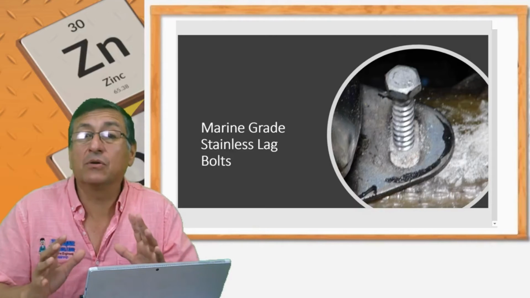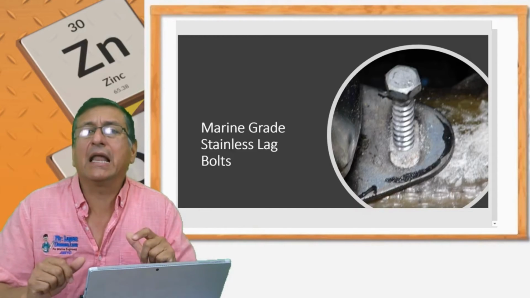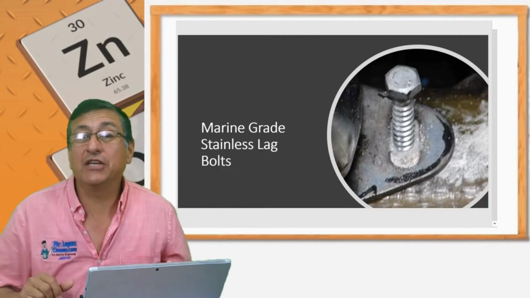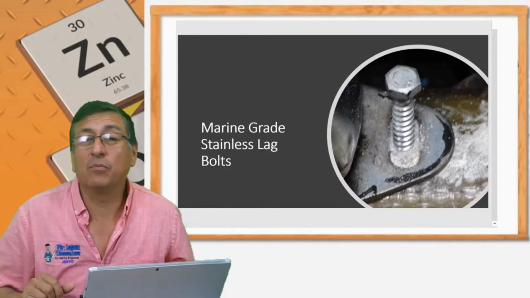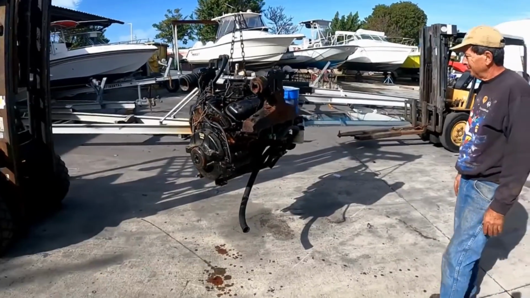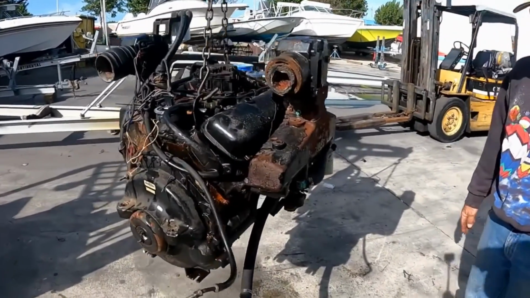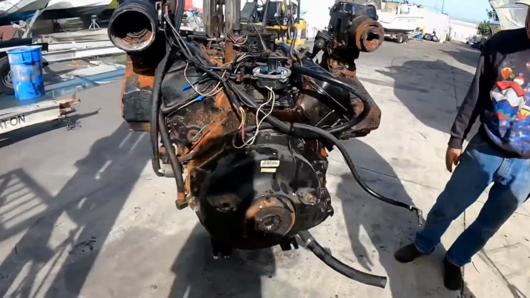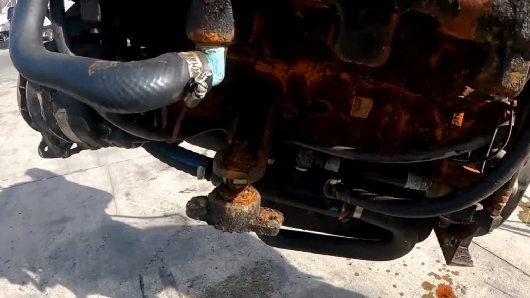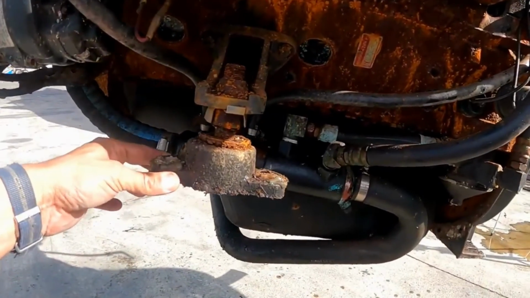With the engines out, we analyze the condition of the engines. The engines are completely corroded. This is the situation. Okay, look at the engine, let me raise it up. Fully corroded. Look at the condition of the motor mounts, completely corroded.